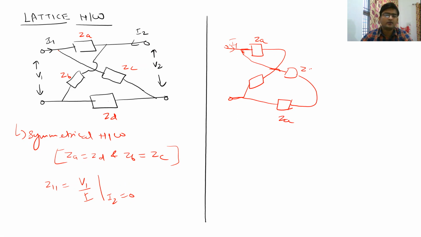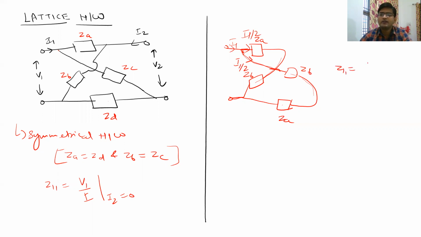Since ZC is equal to ZB, for a symmetric network, I will be taking it as ZB, and this also is again ZB. So you see that for the first branch, the whole impedance is ZA plus ZB, and for the second branch also, the whole summation is ZB plus ZA, which is same. So this means that this current is going to be divided into exactly two parts here, I1 by 2, I1 by 2, in these two branches for the calculation of Z11.